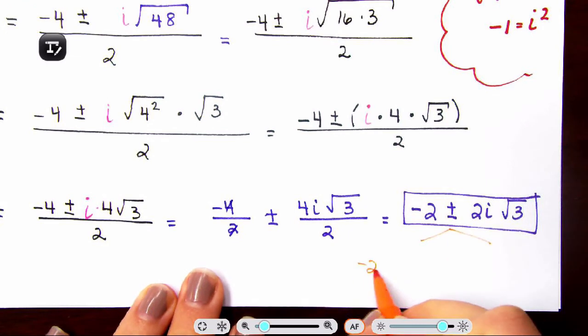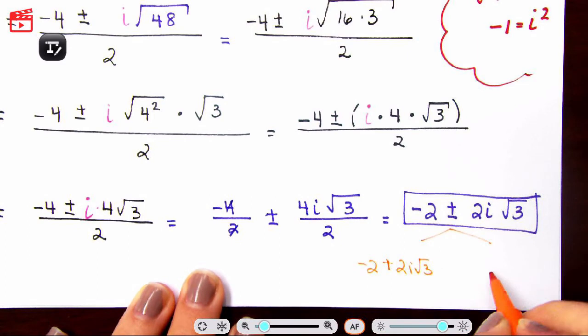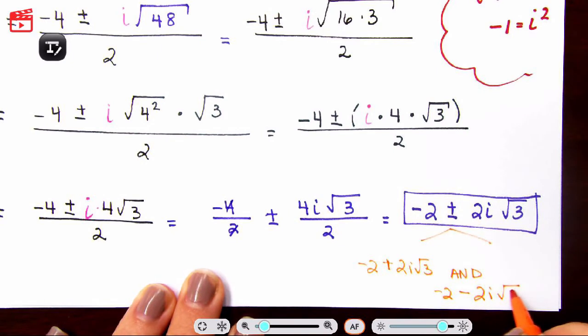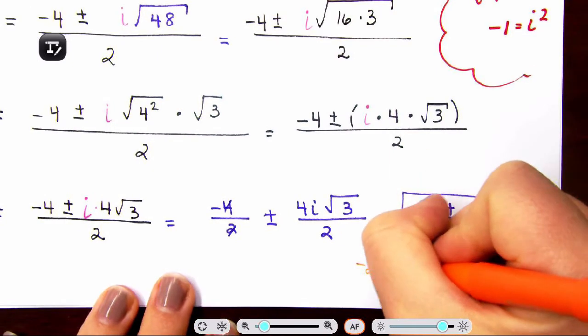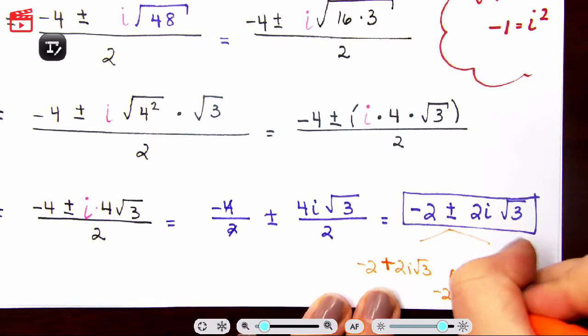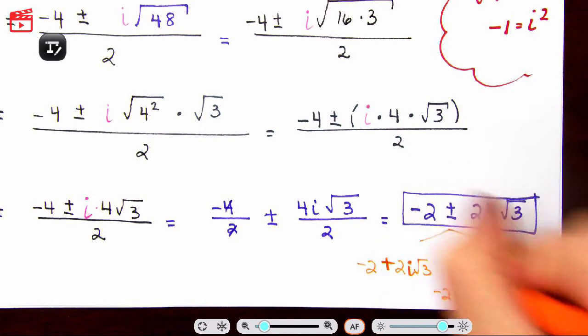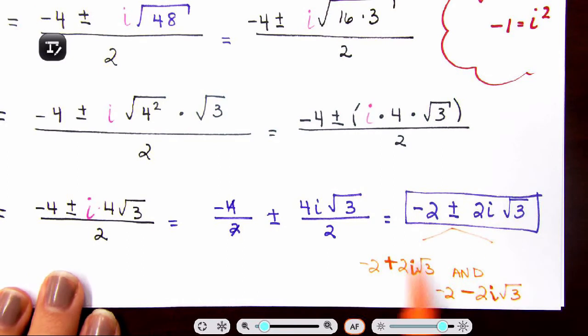This is negative 2 plus 2i root 3, and the other one, negative 2 minus 2i root 3. That's where your irrational root theorem says you're going to have a plus and a minus in between that irrational root. So you have an i, just make sure that you see that you have an i. And these are your roots.